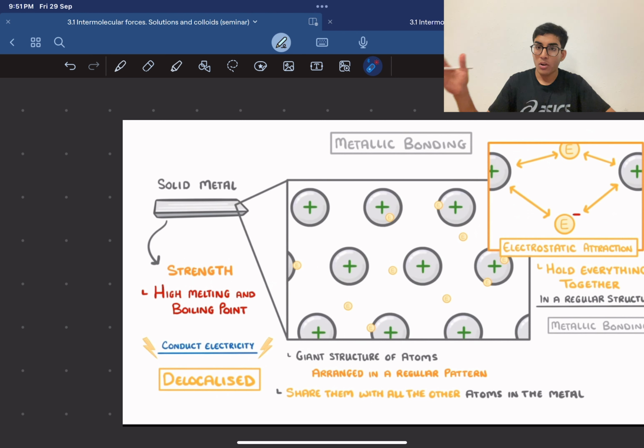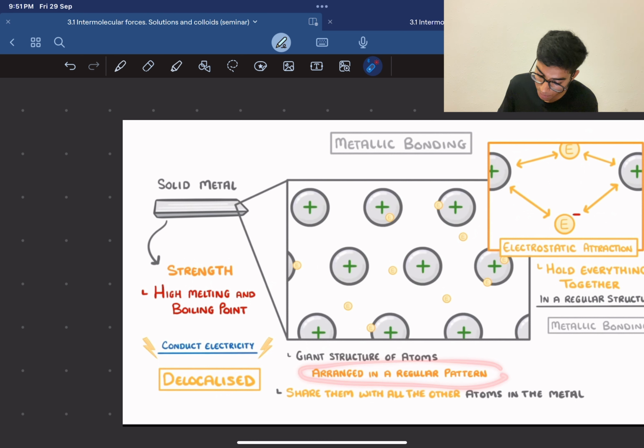And because of electrons floating around and the presence of the nucleus, which we know is positive, there are electrostatic forces. And by electrostatic forces, I mean positive and negative. They attract each other. That's what happens. There are some properties of metallic bonds which we don't really need to know, but I'm just giving information here. Delocalized electrons are arranged in a regular pattern, okay, and then they conduct electricity because of this fact.